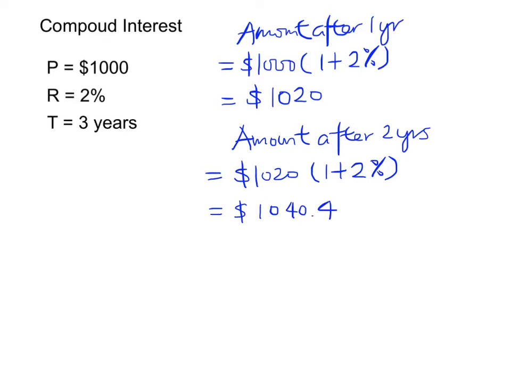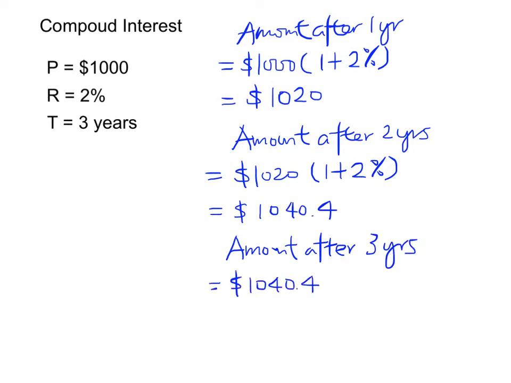And again, this amount after 2 years will be the principal for the third year. Therefore, we can find the amount after 3 years. And this will be 1,040.4 times 1 plus 2% again.